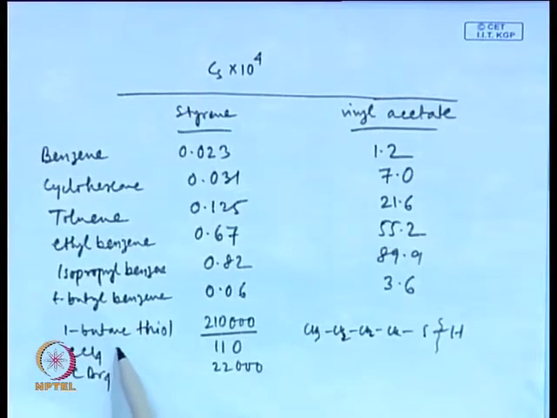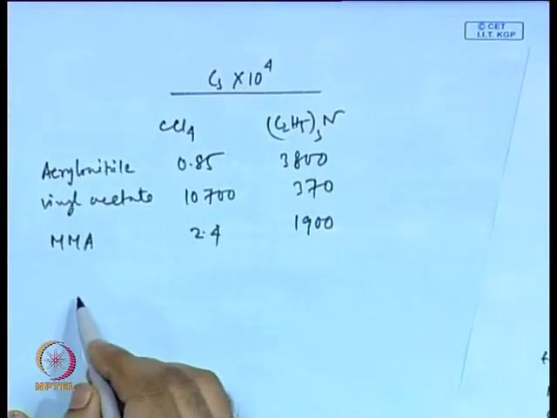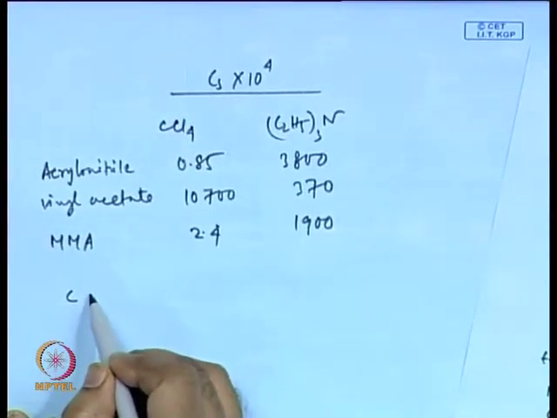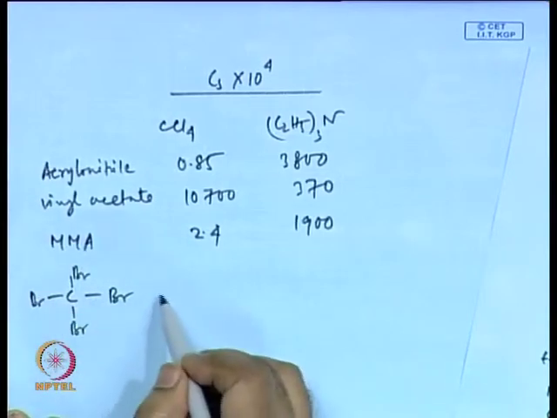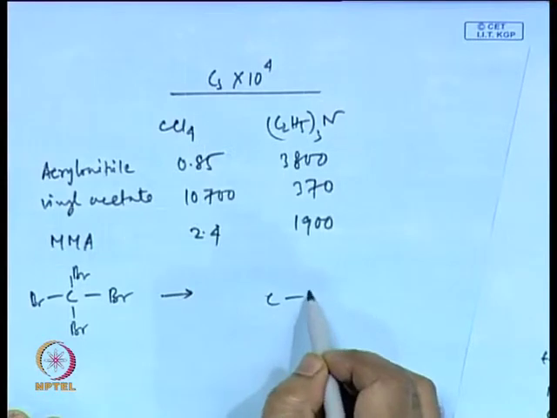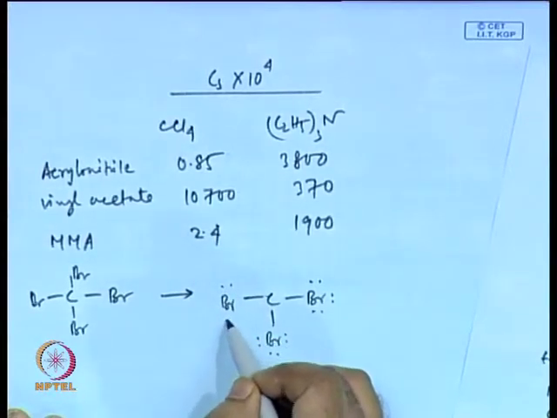Now, if you look at these solvents, carbon tetrachloride and carbon tetrabromide, they also have very high chain transfer constants. That means these solvents are very poor solvents if you want to build high molecular weight in radical polymerization. The reason for these solvents to participate in chain transfer reaction is because of their stabilization of the resulting radicals. So, for example, on participating in transfer reaction, it produces this radical.